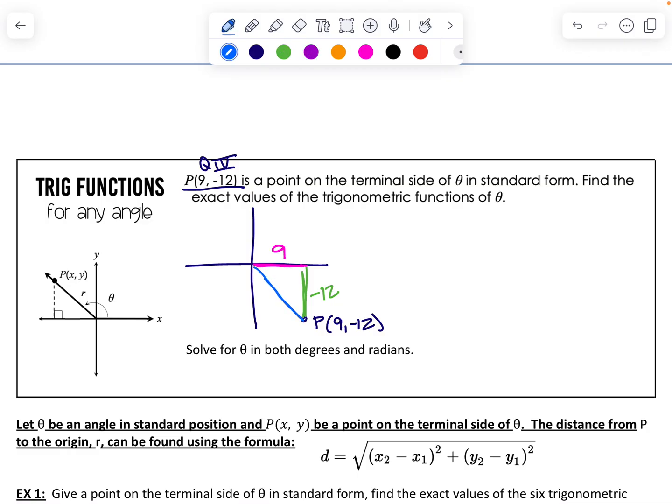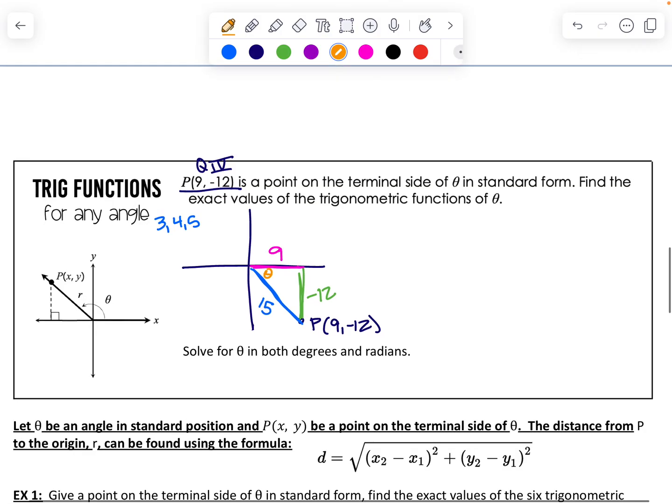Well, Pythagorean theorem, couple things we need to remember. That distance from your origin to that point will always be positive, okay? This is also a Pythagorean triple, a 3, 4, 5 triangle, because I can multiply all those values by 3. Hypotenuse would be 15. And now I have this reference angle here of theta.